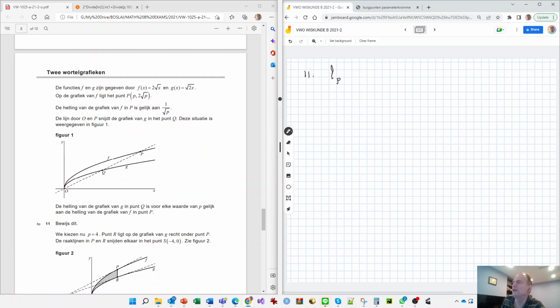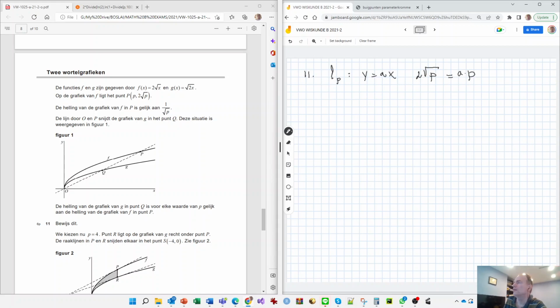So a line going through the origin and P is just given by, let's say, y is a times x, and since this point P has to lie on it, this has to be true.